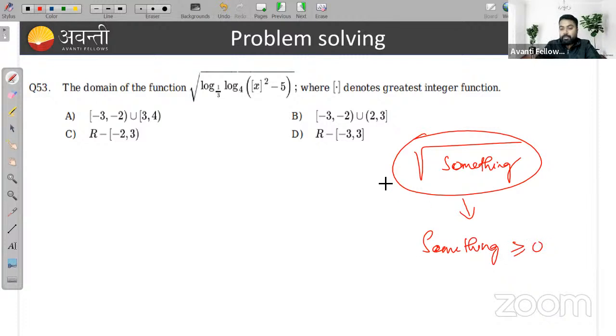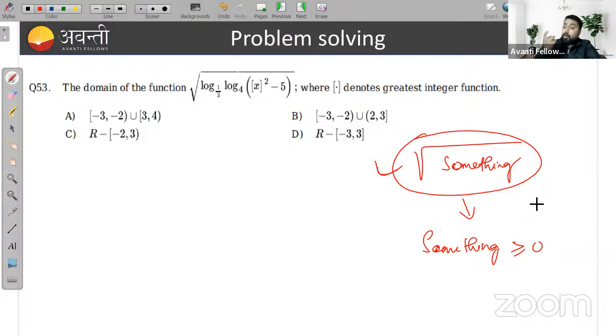Is that clear? Because the square root of something gives us a non-negative value, and we can include 0 also. So for this function to be defined, something must be greater than or equal to 0.